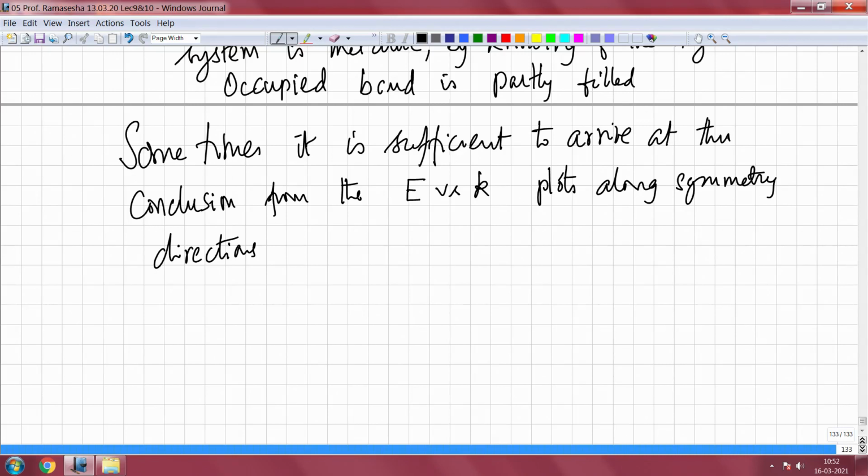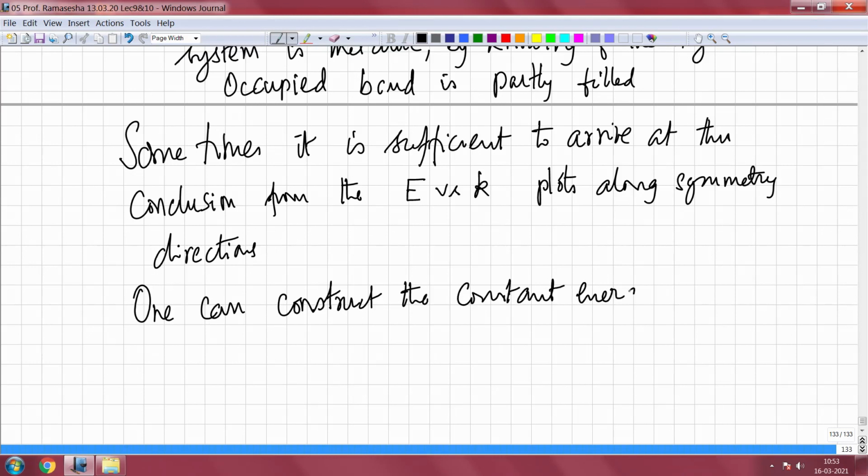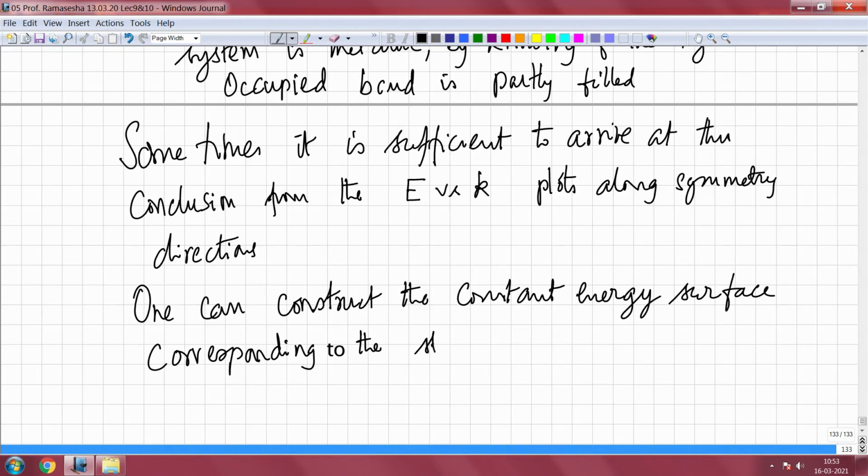One can also do one more thing, that is, one can construct the constant energy surface corresponding to the highest energy eigenvalue which is occupied, the state which is occupied with highest energy eigenvalue.